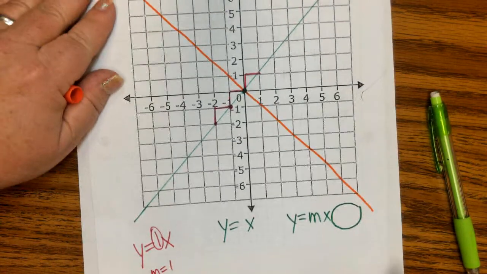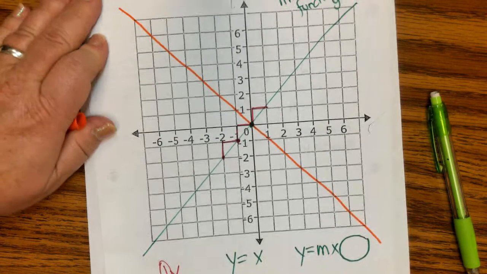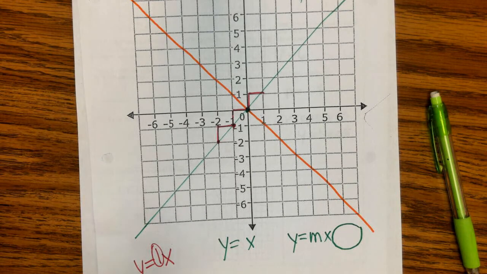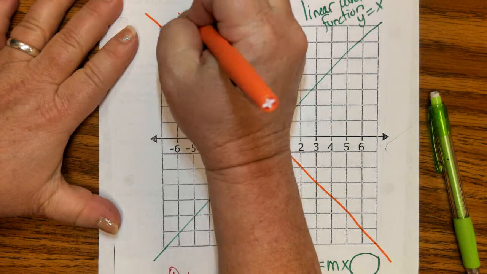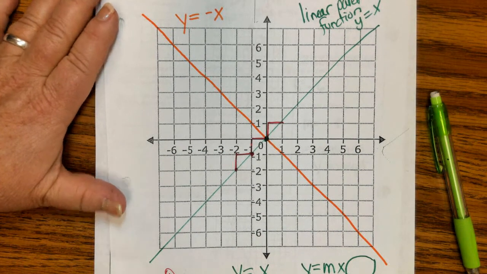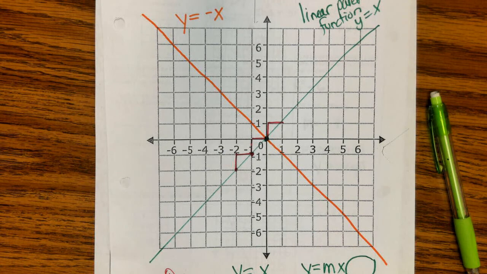What is my slope here? -1, correct. Okay, so this is y equals -x. It's cool that you could even know that. I love that.